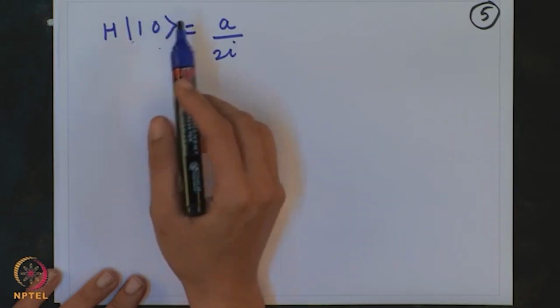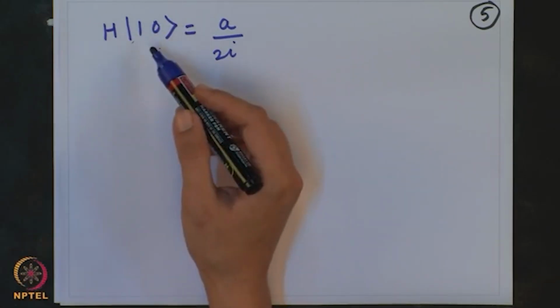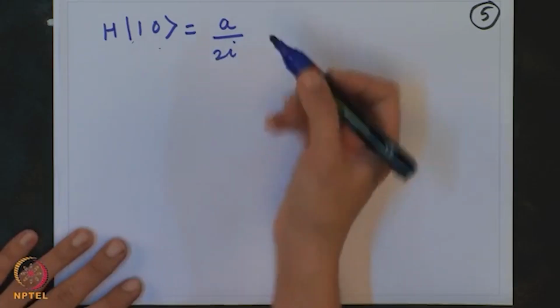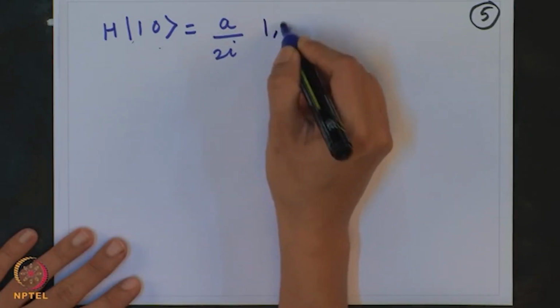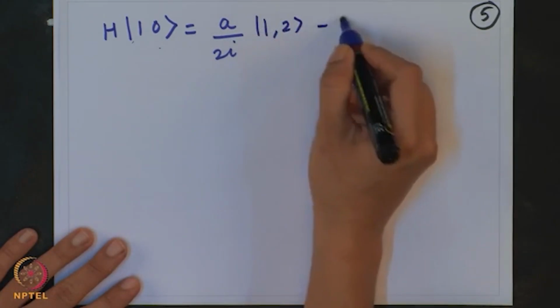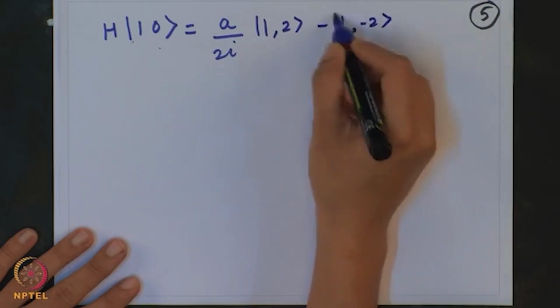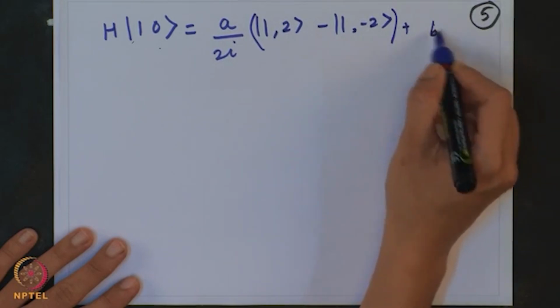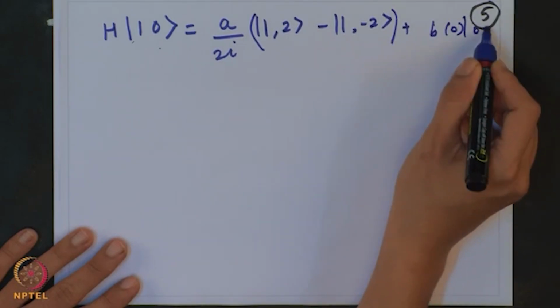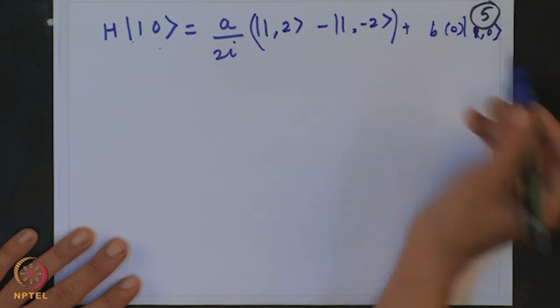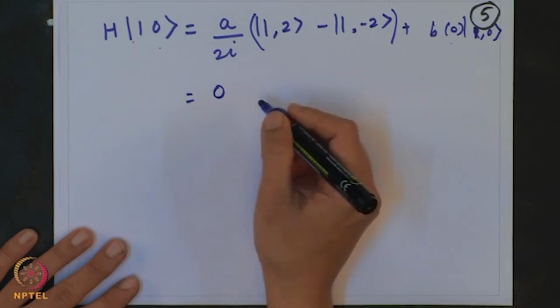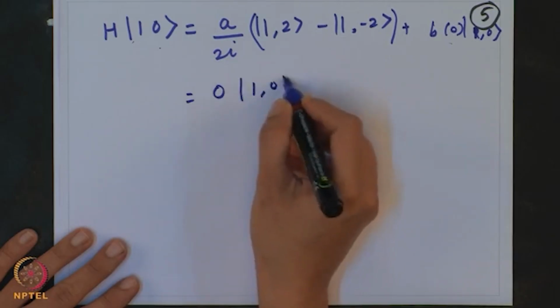L plus and L minus have a square, so they will raise it two steps, and L minus will lower it two steps. So basically what you get here is something like this, plus you have a B term which will give you 0 times ket 1 0. So this is equal to 0 times ket 1 0.